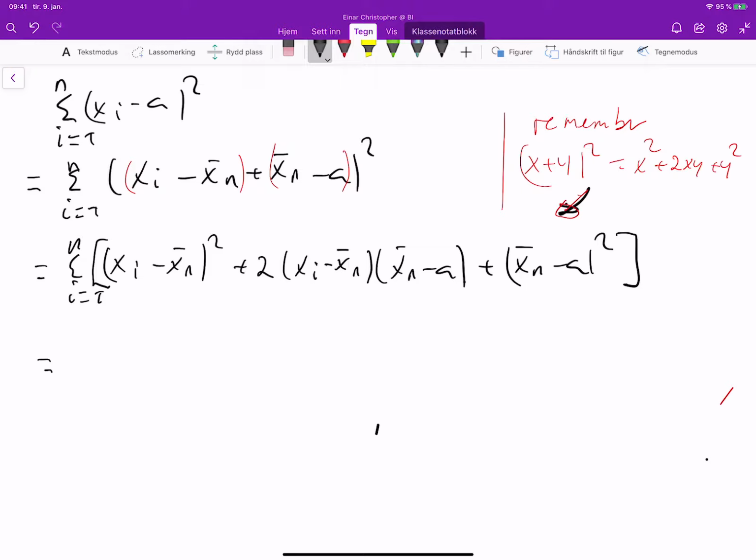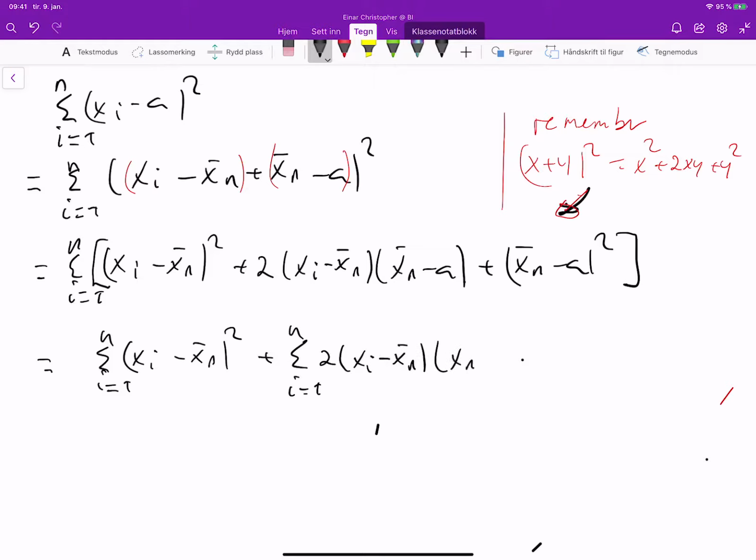We can put this sum inside the parentheses. So first I write the sum, i equal 1 to n, of (xi minus x bar n) to the power of 2, plus, I will do it slowly, the sum, i equal 1 to n, of 2 times (xi minus x bar n) times (x bar n minus a), plus the sum, i equal 1 to n, of (x bar n minus a) to the power of 2.